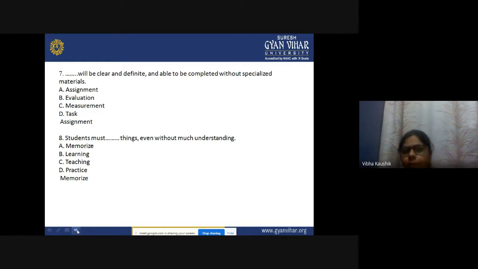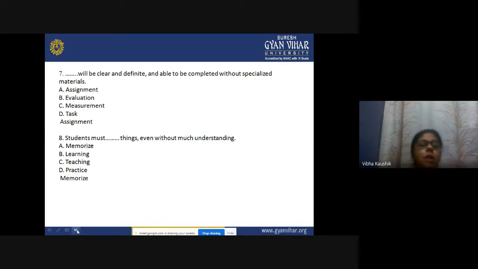It should be defined in a proper manner and able to be completed by the learners without specialized material. It means if it has been clearly defined to the learners, then they need no specialized material for doing that.